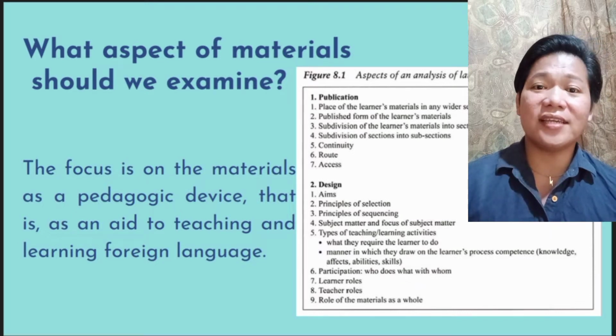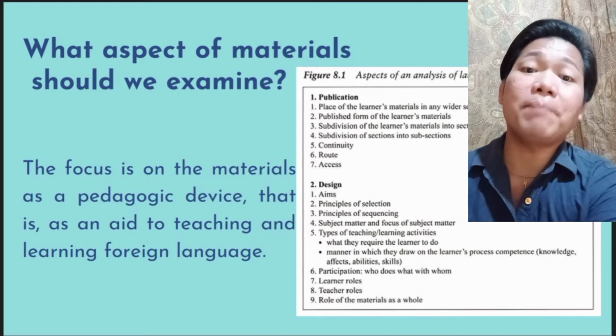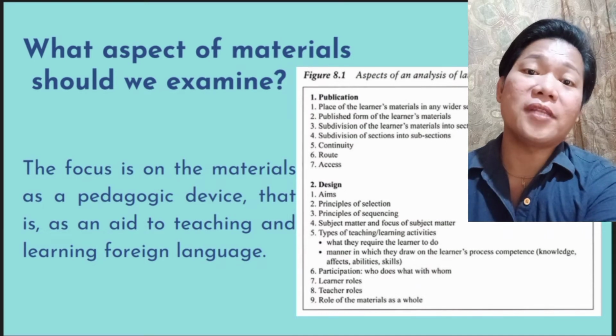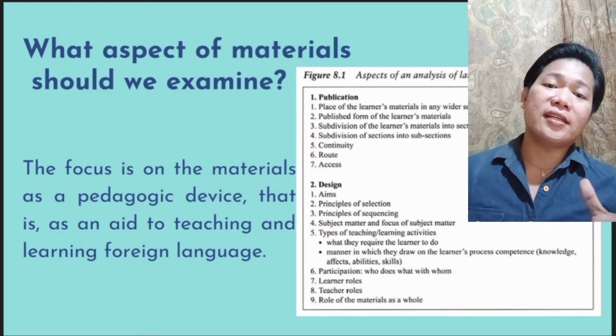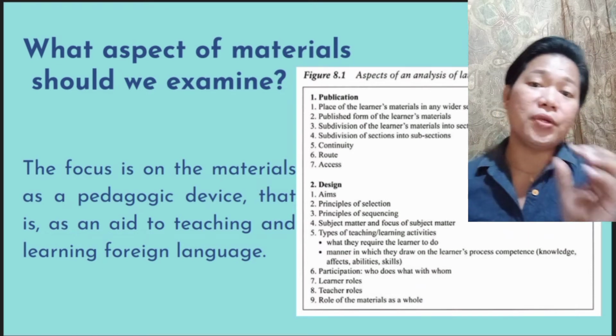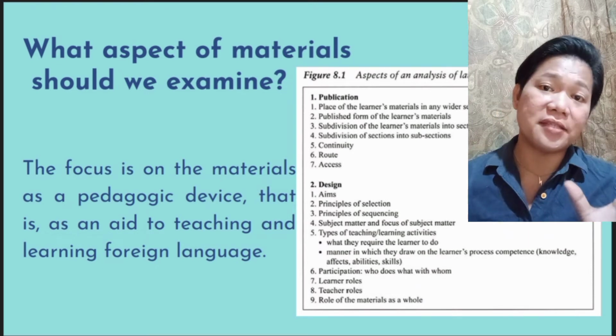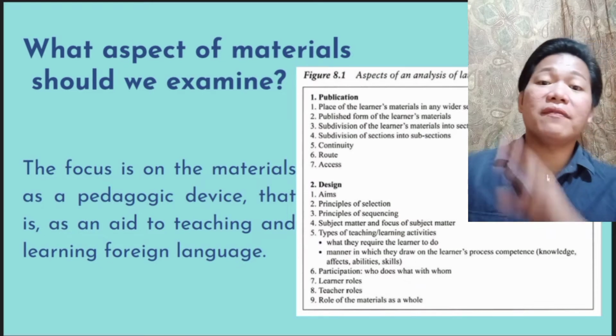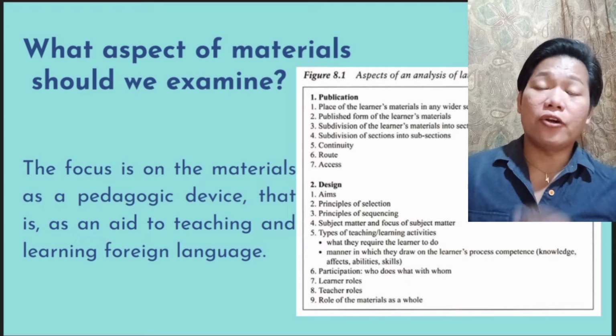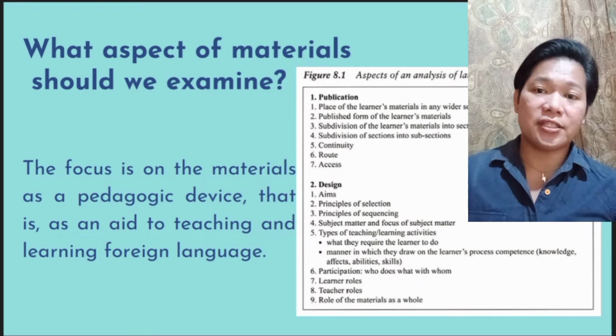The second is the published form of the learner's materials. Here, materials are checked whether it's a worksheet, module, reference book, etc. And the third one is the subdivision of learner's materials into sections.